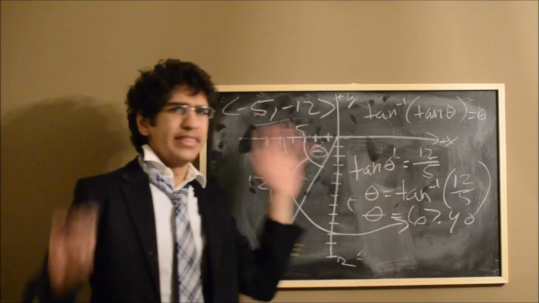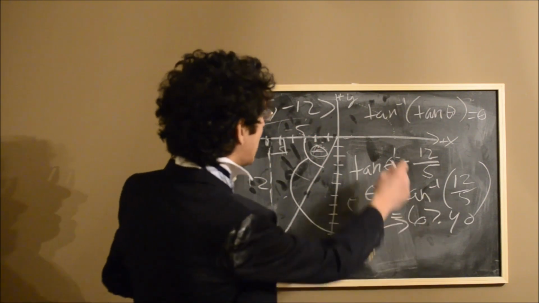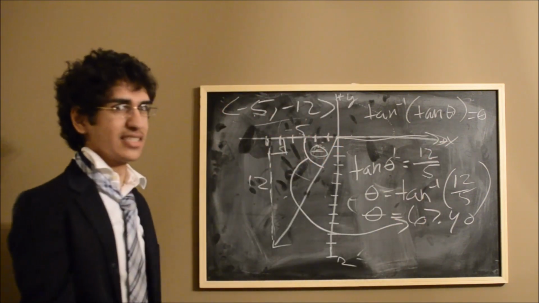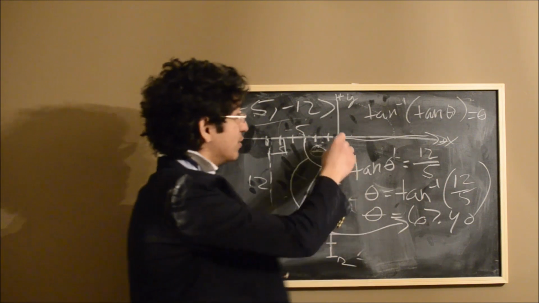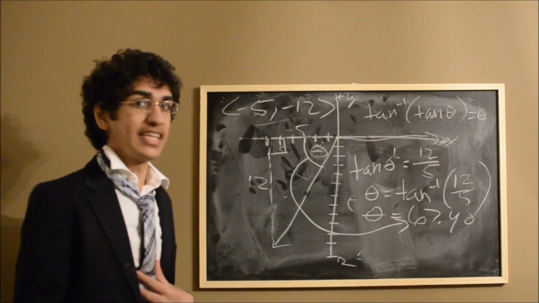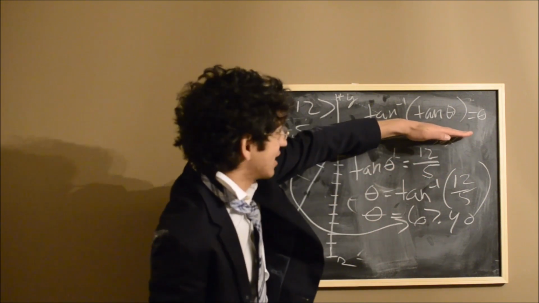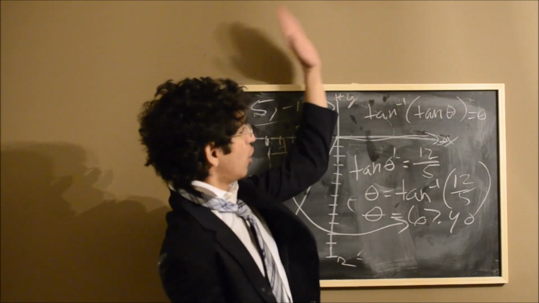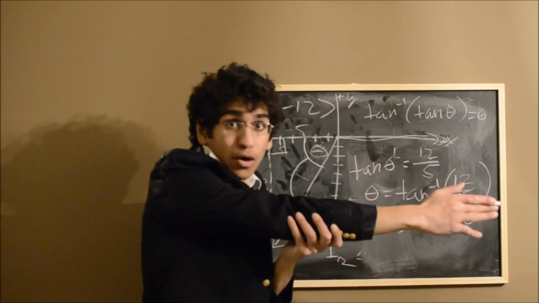Okay, but that's not the end of this question. The question was to find the angle that it makes with the positive portion of the x-axis. And the convention that we have for defining angles with respect to the positive portion of the x-axis is to start from the positive portion of the x-axis and rotate counterclockwise until we reach the arm that creates our angle.